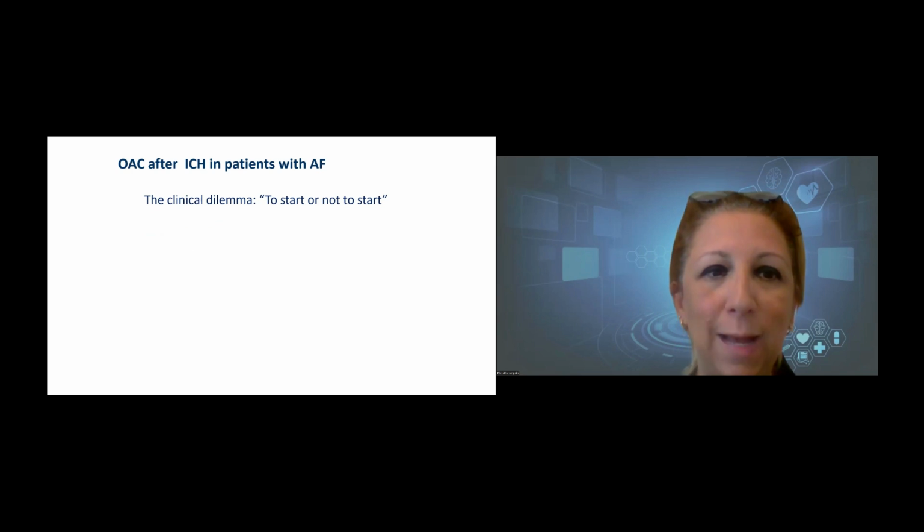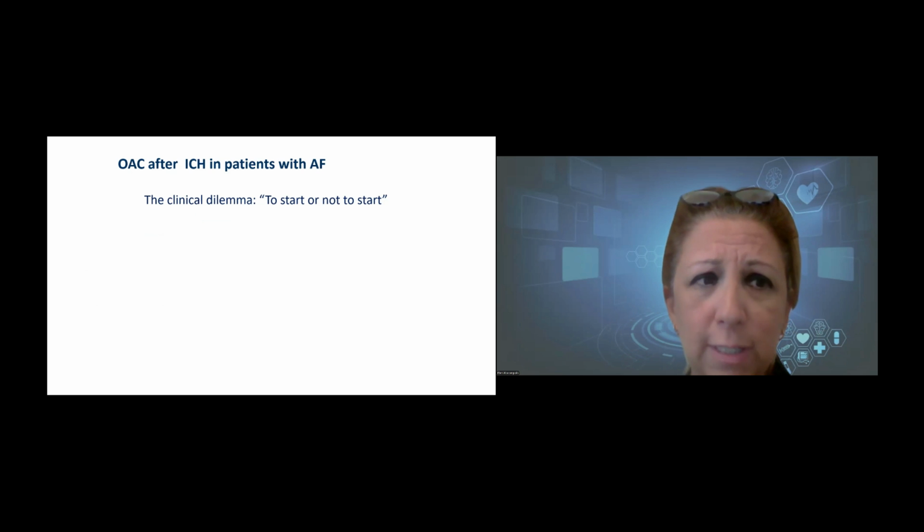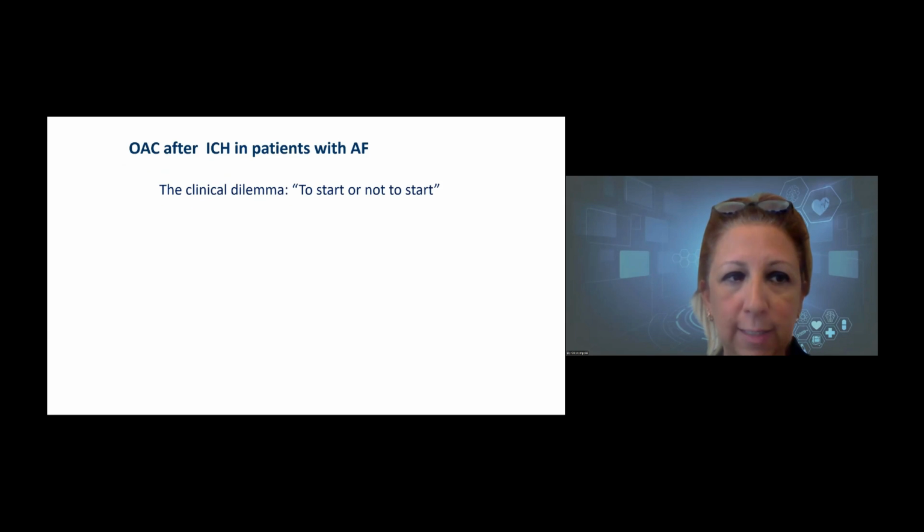Thus, there is an existing clinical dilemma, whether to start or not to start antithrombotics in intracerebral hemorrhage survivors with atrial fibrillation, and physicians have to balance the risk of thromboembolism against the risk of rebleeding. The decision is challenging given the lack of high-quality evidence, as these patients have been excluded from all pivotal randomized controlled trials comparing DOAC with vitamin K antagonists.